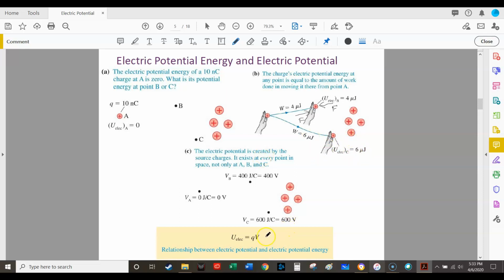Okay? So again, the electric potential energy is Q and a voltage. And it could also be the same Q times K of the source Q's over R. And these guys are the source Q's. And the test charge is what you're moving.